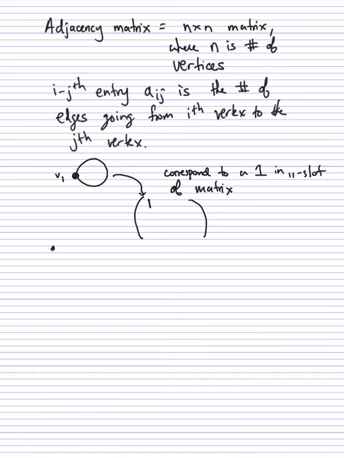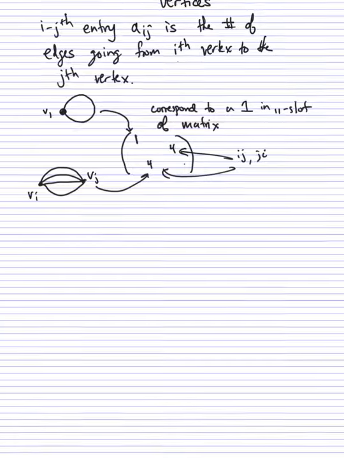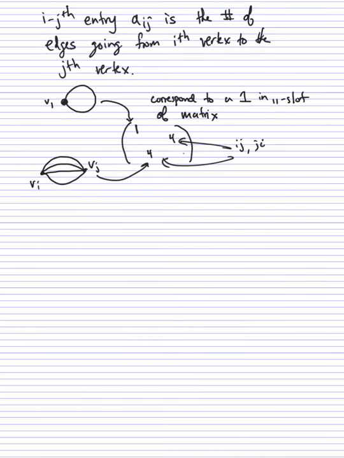If you saw multiple edges between vertex i and vertex j, this would translate to a 4 in the ij slot and a 4 in the ji slot. If there's no edges between, then we get just a 0 there.